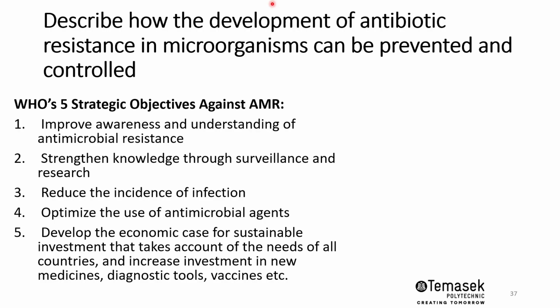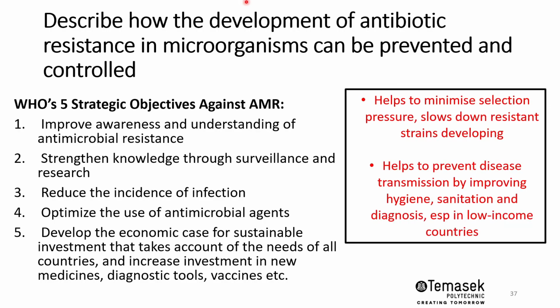So all in all, the strategy helps to minimize selection pressure and helps to slow down resistant strains from developing. All these strategies work together through the One Health approach, so that you can disrupt the cycle of antimicrobial resistance. It also helps to prevent disease transmission, through education and reducing the incidence of infection.